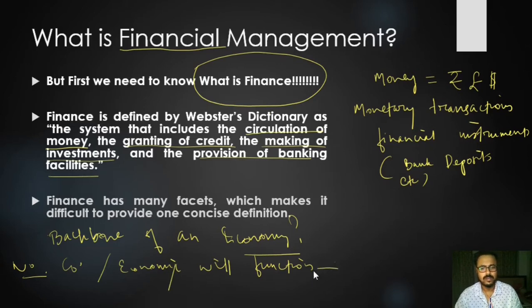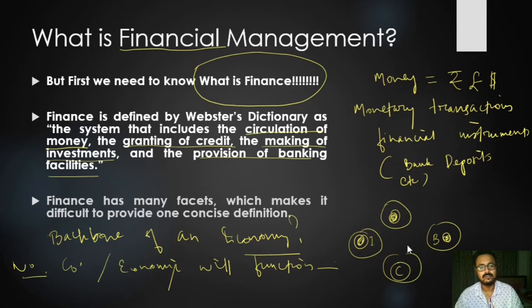So as per this definition, finance means circulation of money, provision of investments, provision of banking facilities, and granting of credit. These are the subsets of finance involved in this entire topic.